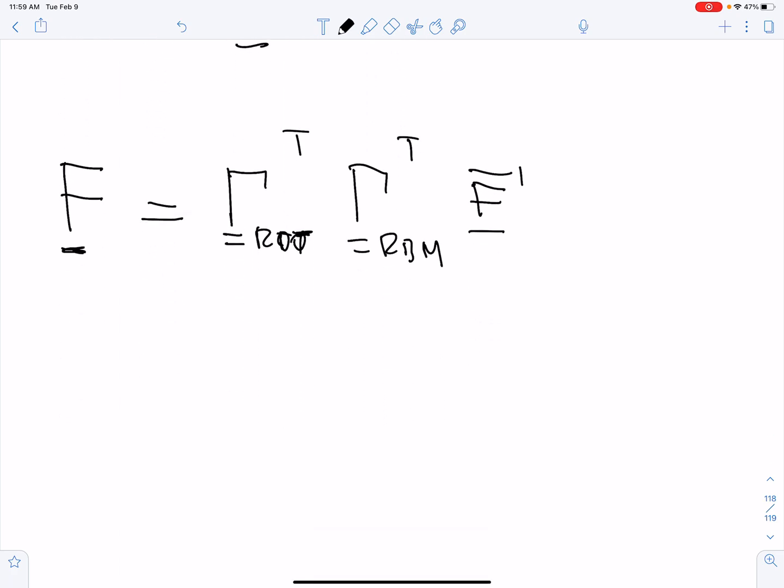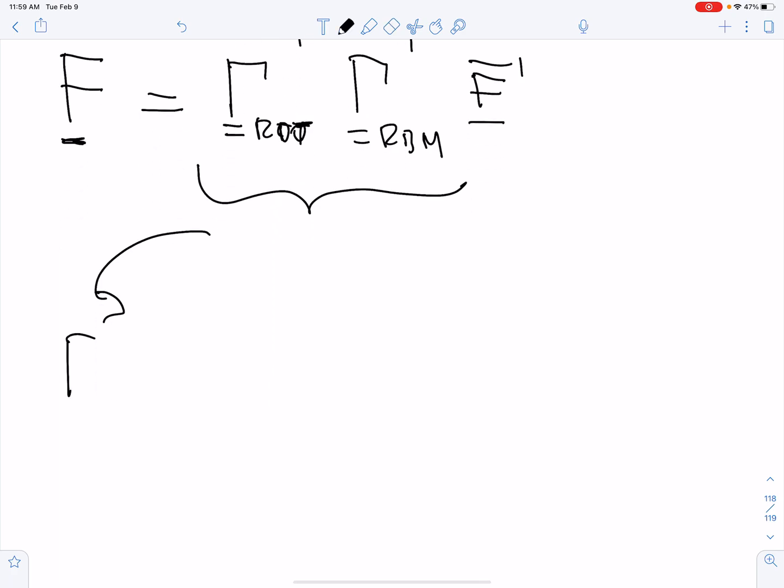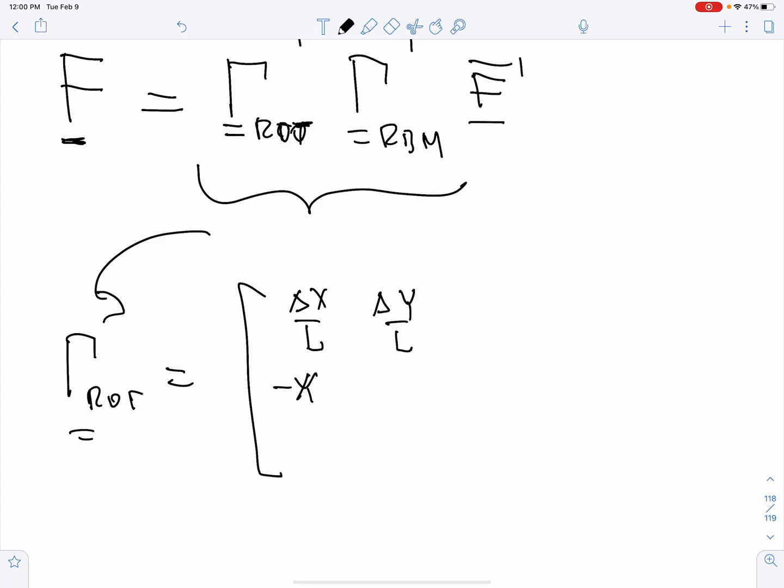Okay. If you look at the structure of this matrix here, gamma ROT equals delta x over L, delta y over L, minus delta y over L, delta x over L, 0, 0, 0, 0.